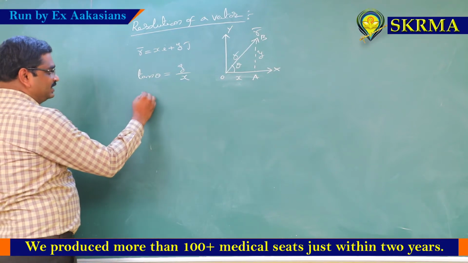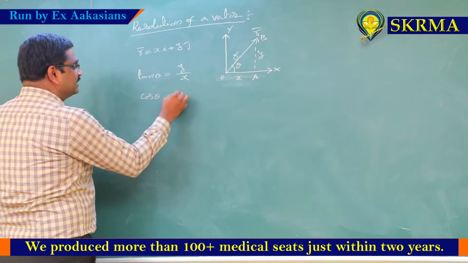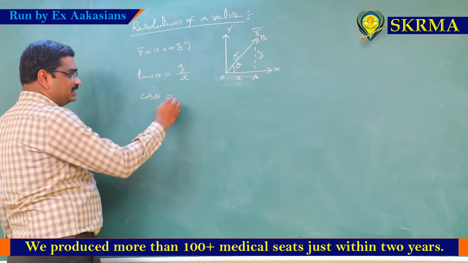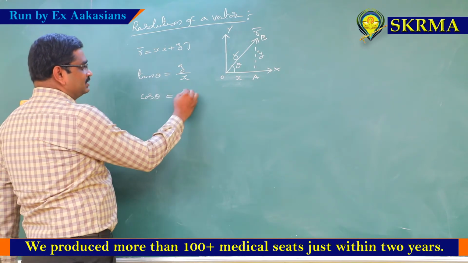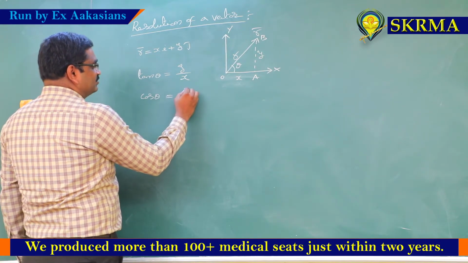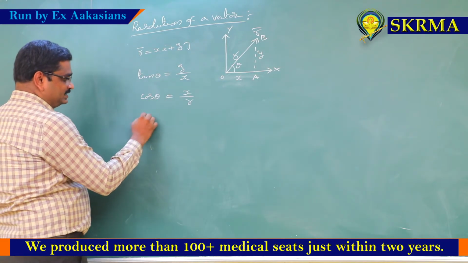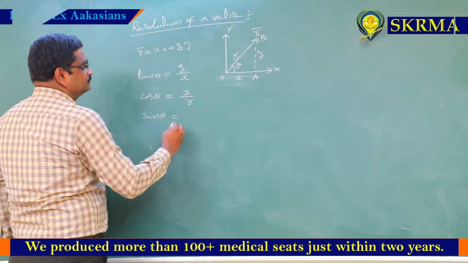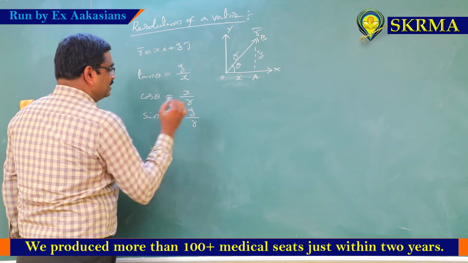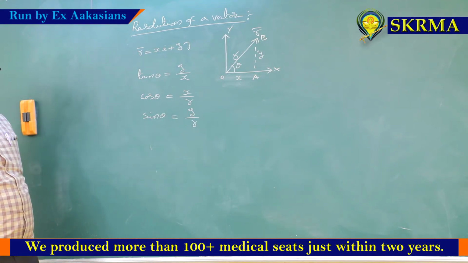Next, cos theta. What is the basic formula for cos theta? That is adjacent side by hypotenuse, that is x by r. Next, sin theta is y by r. This is the basic representation.